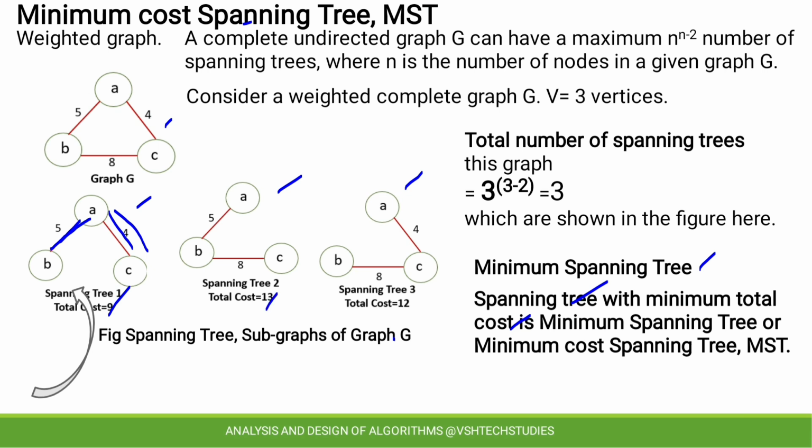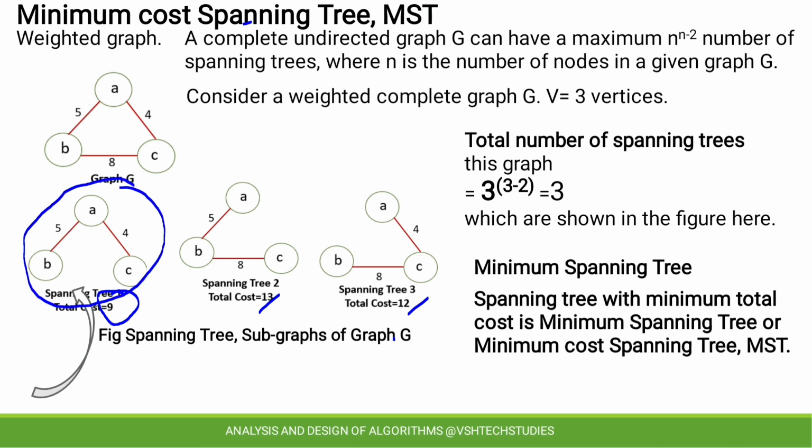Similarly, this is 13 in the second case, 12 in the third case. Where the total cost is minimum, this 9 is the minimum cost. 13 and 12 are bigger values, so 9 is the minimum. Hence, this spanning tree is the minimum cost spanning tree or minimum spanning tree, MST, for this given graph.